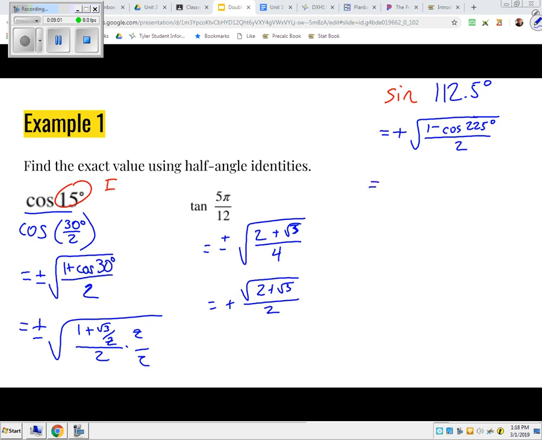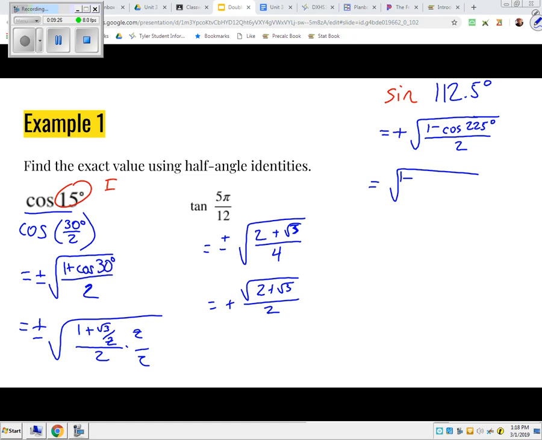So I'm going to get rid of the plus sign now. I already established it. Not having anything out there means it is positive. Cosine of 225 degrees. Negative square root of 2 over 2, right? Okay, because 225 now is in the third quadrant.